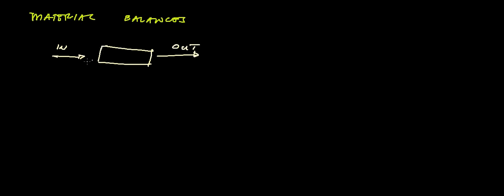And we have what we call the stored materials. So the first thing in these material balances is to look at the three basic categories, which are the materials in, out, and the stored materials in the system or during the process.